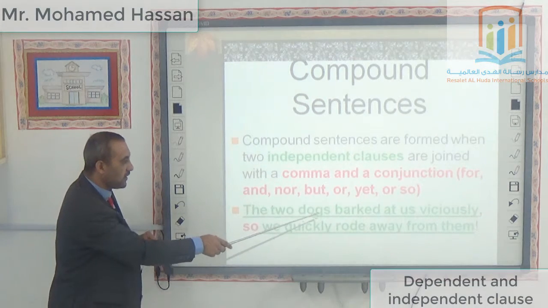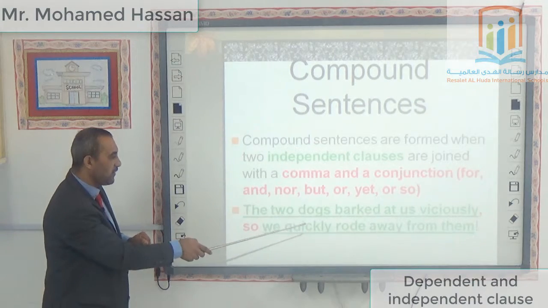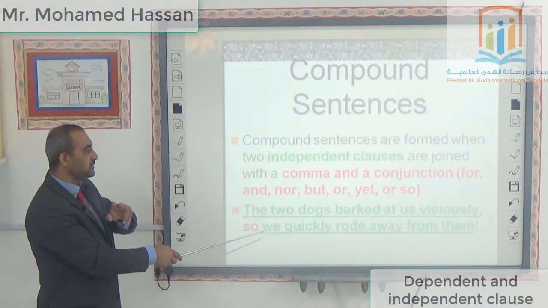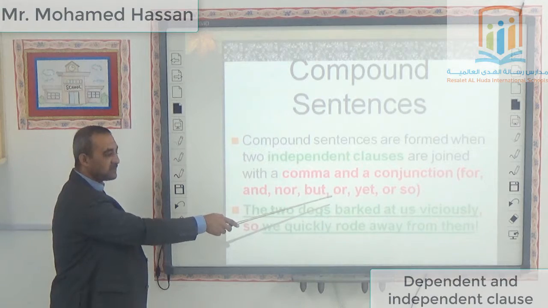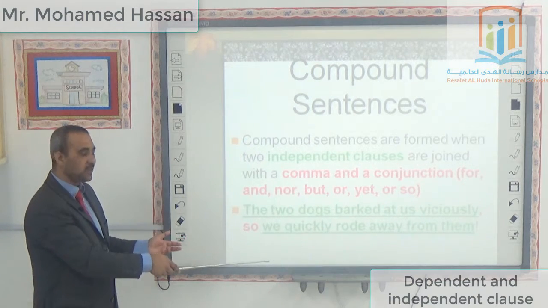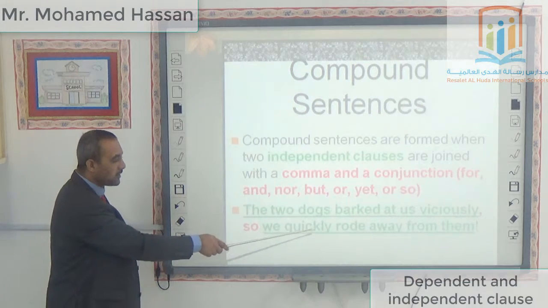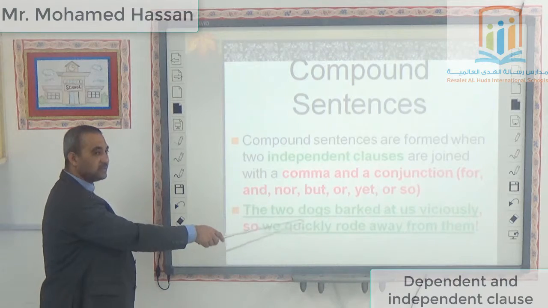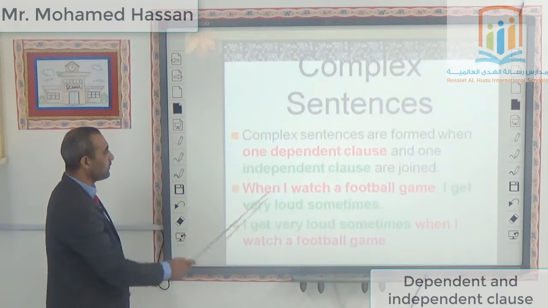The two dogs barked at us viciously, so we quickly rode away from them. Here I have two independent clauses. Number one, the two dogs barked at us viciously. This is a complete thought, a complete meaning, a sentence. The second one, we quickly rode away from them. We join these two independent clauses with "so."